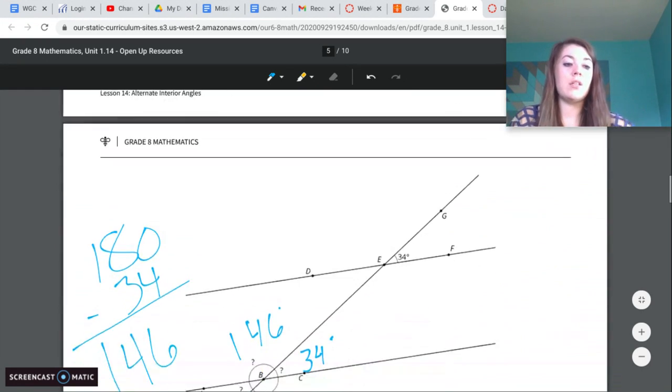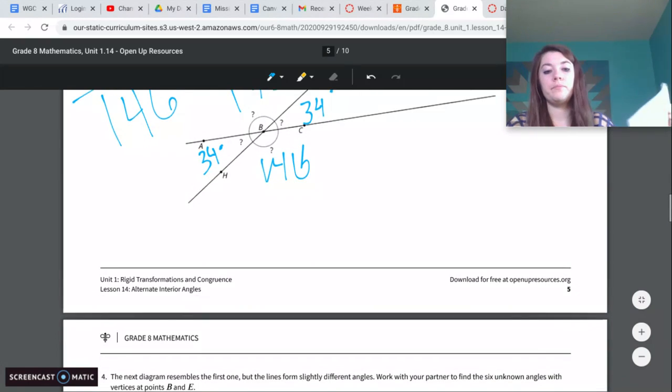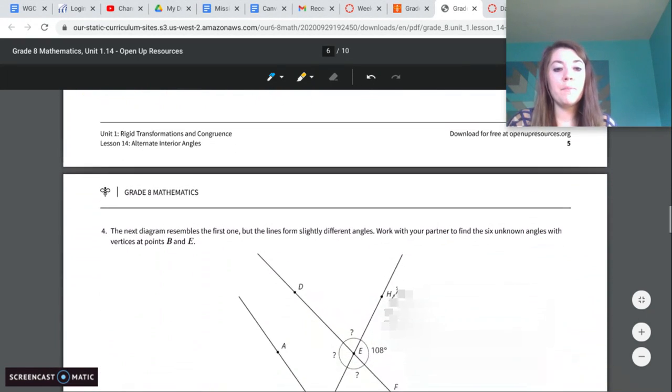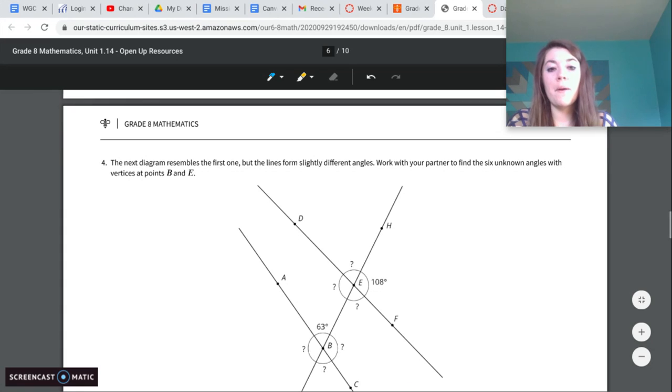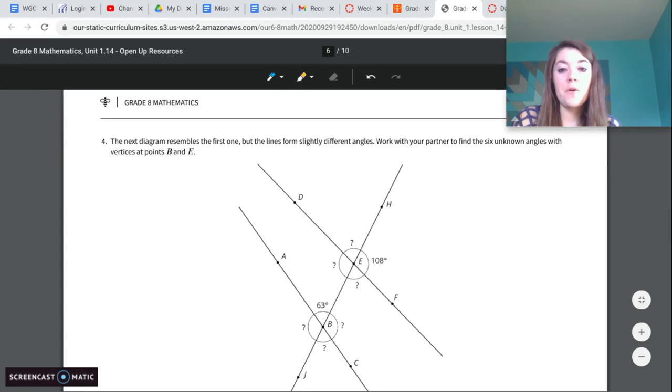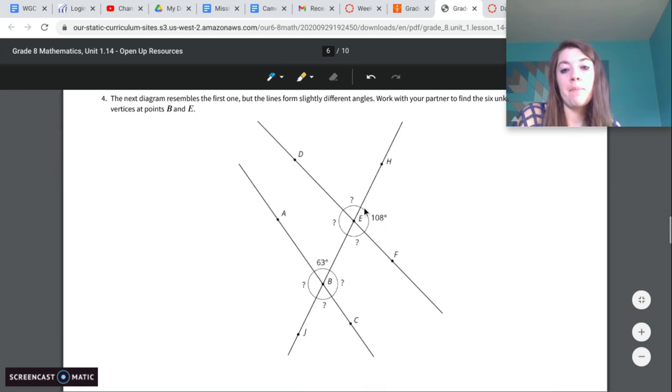So on to our last one. For number 4, the next diagram resembles the first one, but the lines form slightly different angles. Work with your partners to find the 6 unknown angles with vertices at points B and E. So let's look at this top part first.